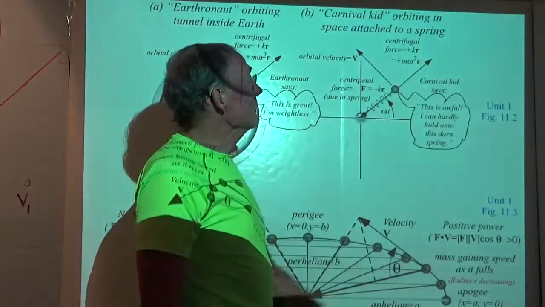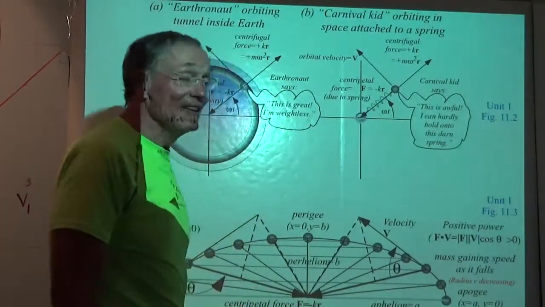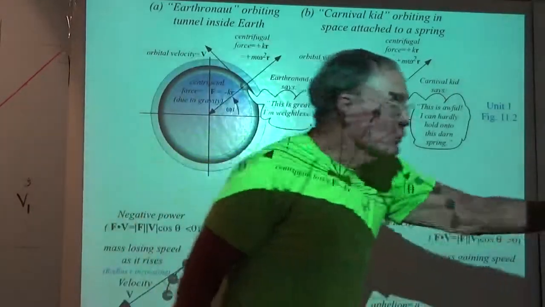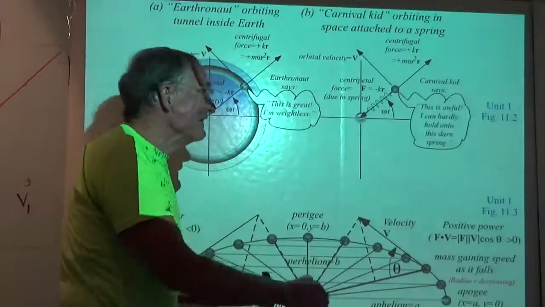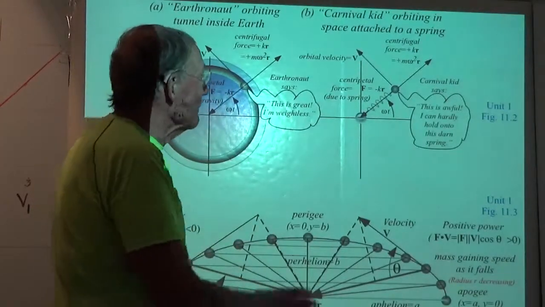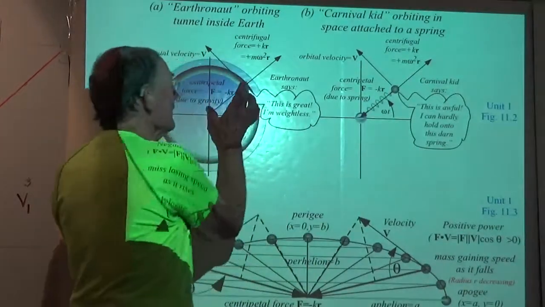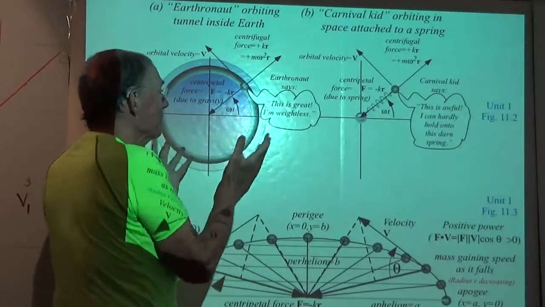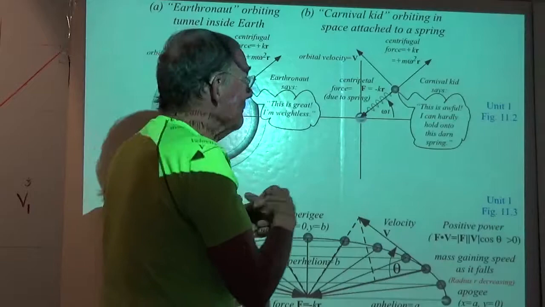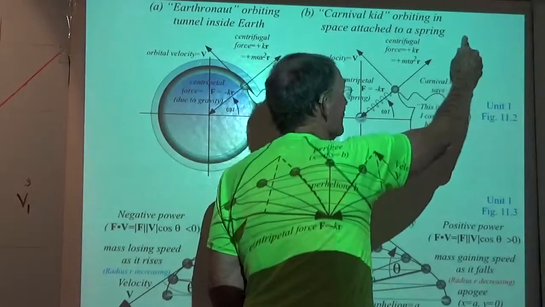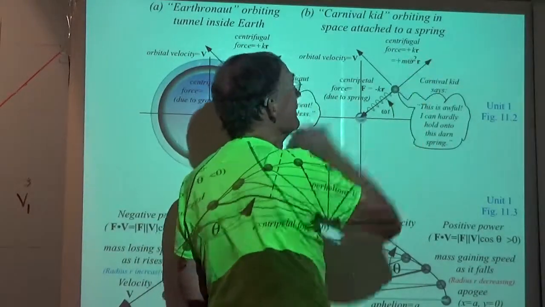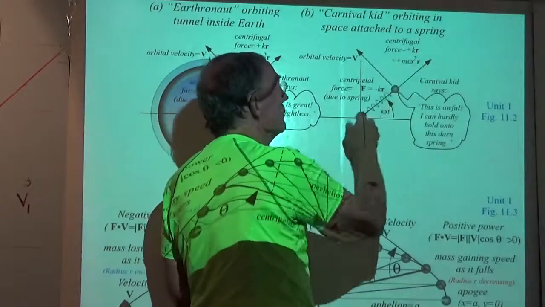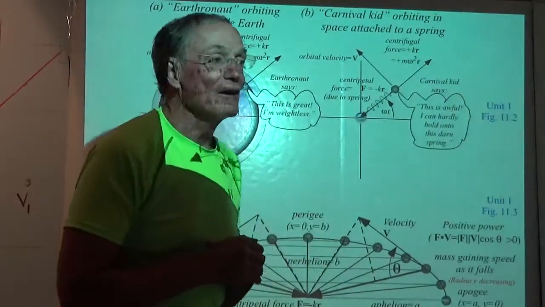Okay, certainly feeling your weight, right? As you go whizzing around like that on this merry-go-round, okay? But it's the same force that's acting on this object right here. It's just that the gravitational force, this is what we call centrifugal force, center fleeing force, okay? Centripetal, center pulling force. Those are the two opposites that are in action here.